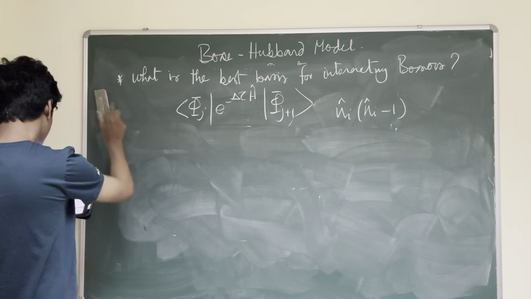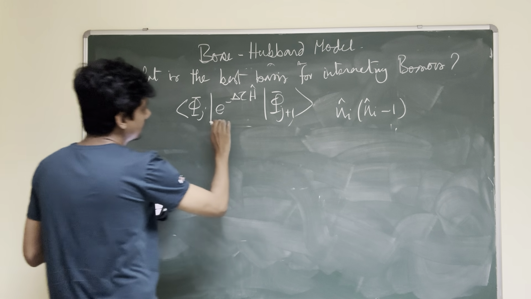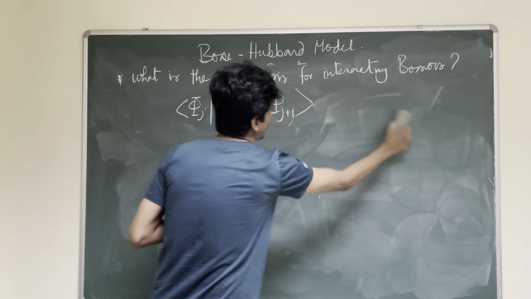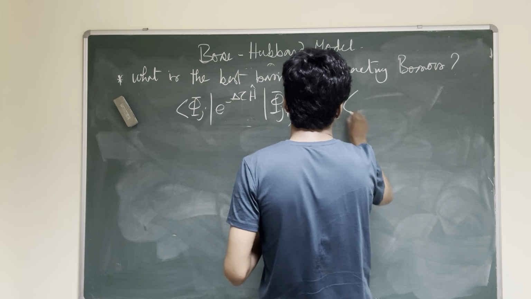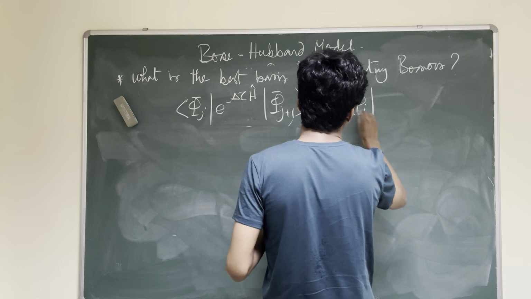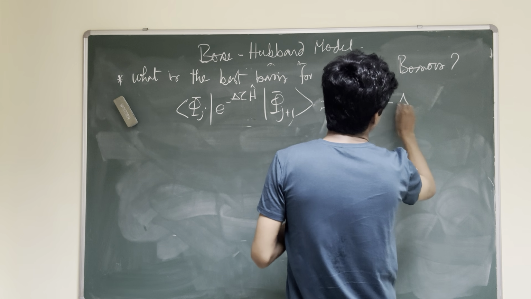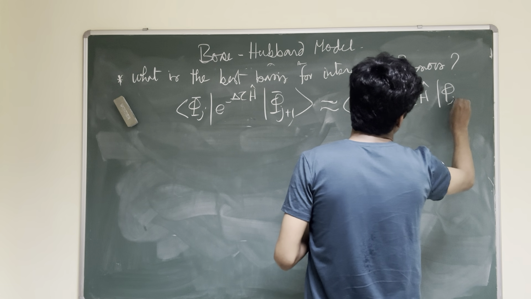If I expand a bit, I just write it approximately: phi j, 1 minus delta tau over h, phi j plus 1.